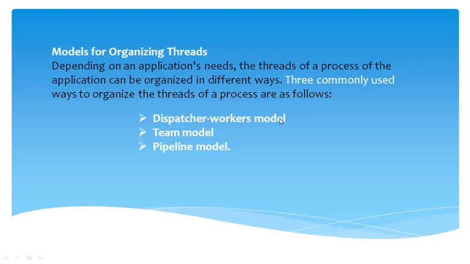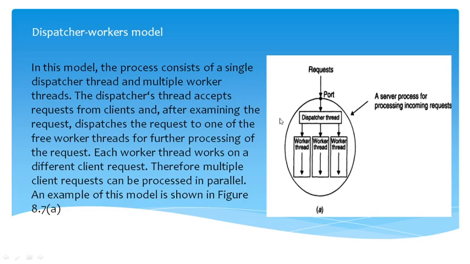The first way is the dispatcher workers model. See here, a server process for processing incoming requests, and all the requests will be handled by the server process, and it will process the incoming requests and dispatch them to each thread. So here this process consists of a single dispatcher thread, and multiple worker threads will be there.